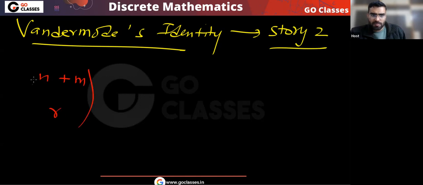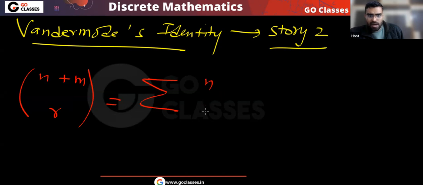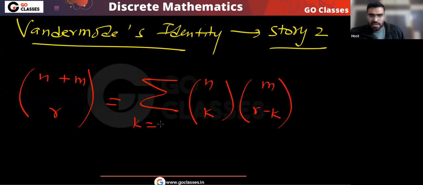You want to select R people, then that is equal to: from n people you select k people, then from the remaining m people you select R minus k people, and this k is going from 0 to R.